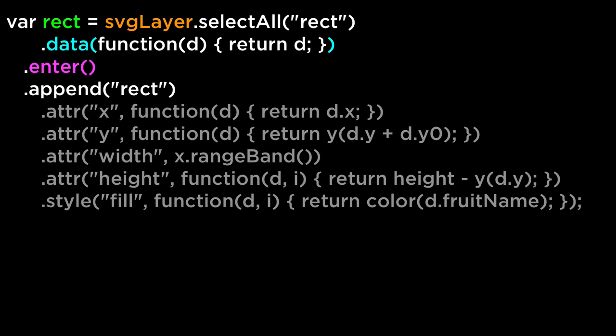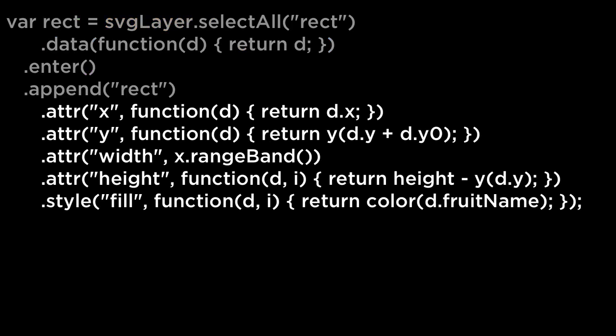We then select the enter selection and append an SVG rectangle shape to merge the temporary selection with a selection of SVG rectangle elements. The only slightly out of the ordinary thing here is the nested data calls. In the previous code, we bound each layer array to an SVG group element as its data attribute. In this code, we are binding each interior object of each layer array into a rectangle element.